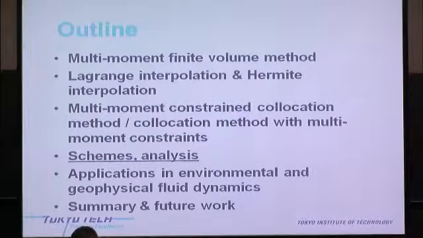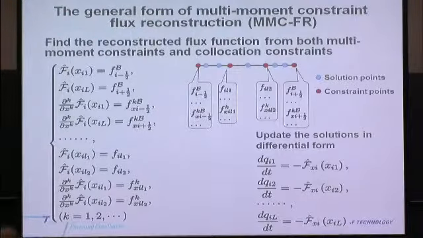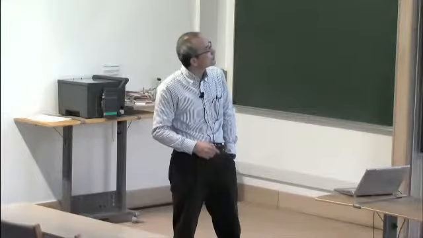A question before you go on. Can you go back one slide? Yes. So this more general one, it seems to me the modal DG would be a special case. Nodal DG. The modal. Modal DG. Yeah, it should be in this form. But actually, here we still use a point value as the updated quantity.